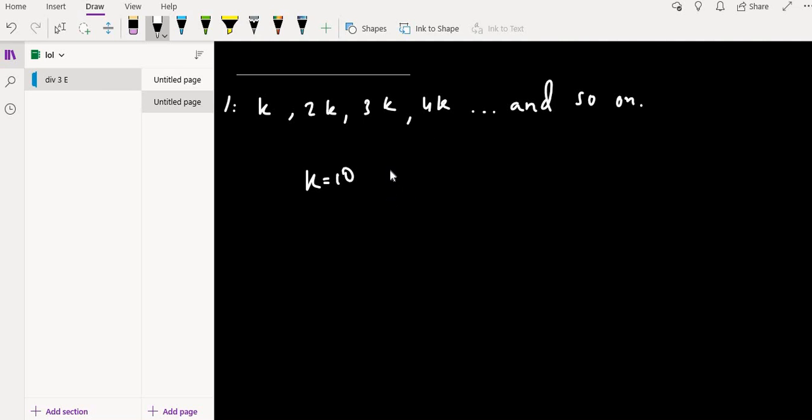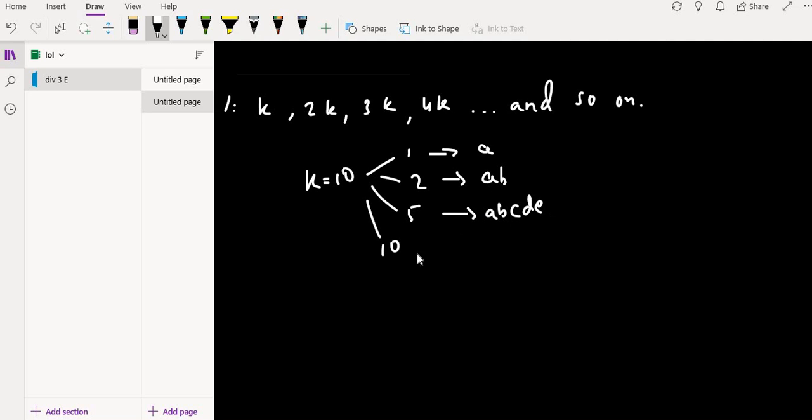Then it is definitely sure that whenever we are trying to form this 10 beautiful string, it's going to be made up of one of the factors of 10, which are 1, 2, 5, or 10. So whenever we have a factor, let's say the string is A, then this is a string which is 10 beautiful. This is a string which is 10 beautiful. This is a string which is 10 beautiful. And a string like this is also 10 beautiful.